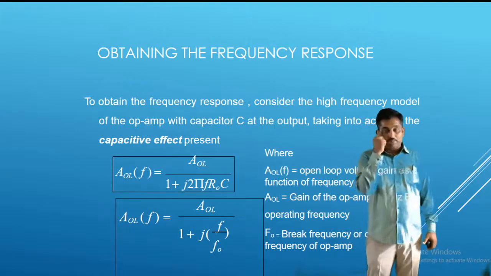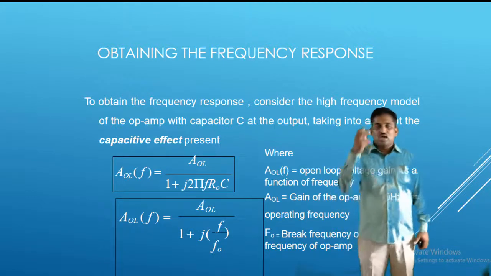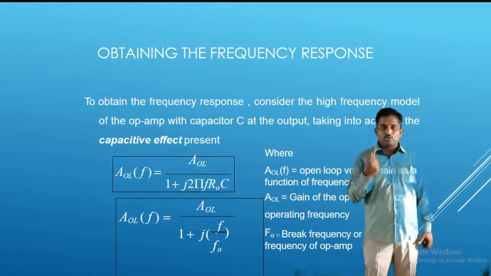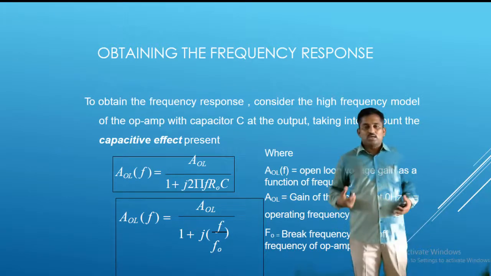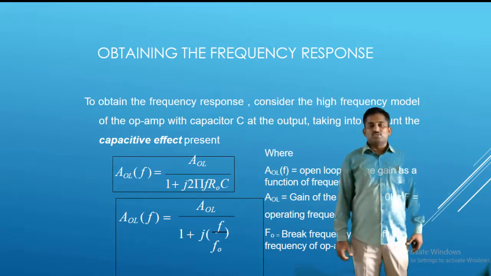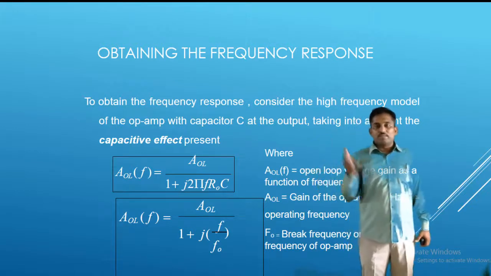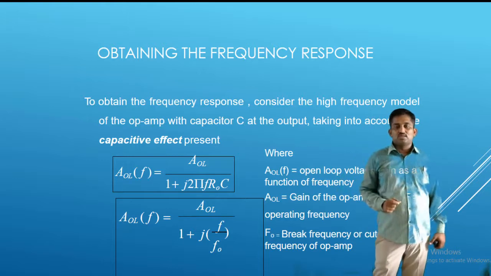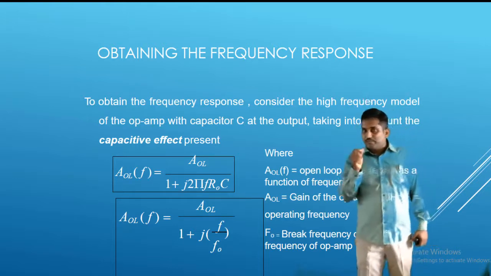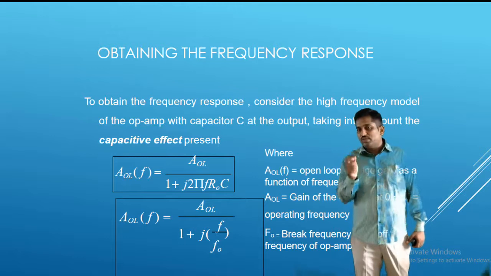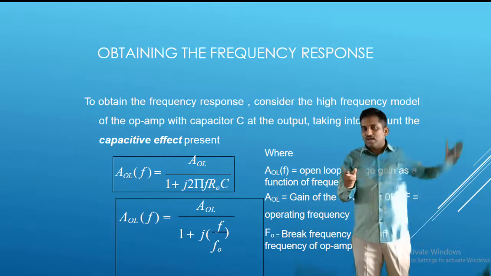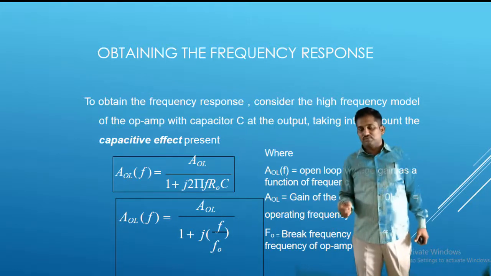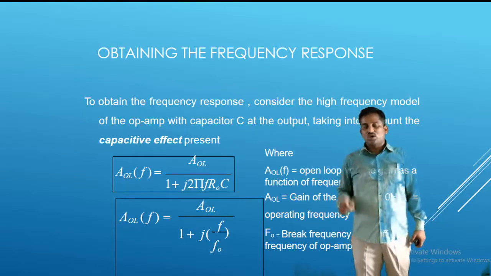Now if I assume f0 = 1/(2π·R0·C), then A0L(f) = A0L divided by 1 + j(f/f0), where f0 is called the break frequency. Until that break frequency, there will be no change in the gain from zero hertz up to the break frequency. The gain is constant.